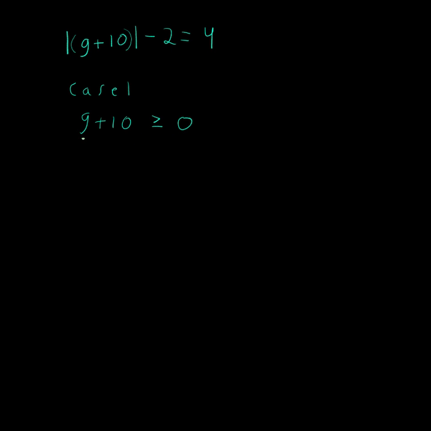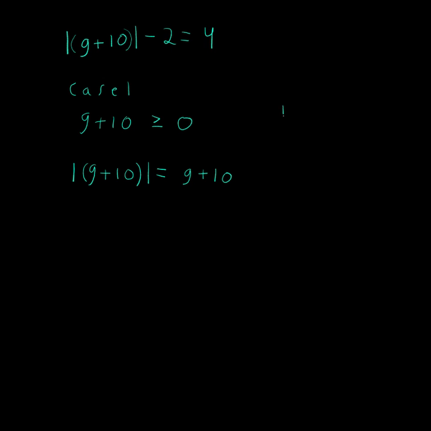So we're working through when g plus 10 is greater than or equal to 0. And so what that means is if g plus 10 is greater than or equal to 0, the absolute value of g plus 10, what would that be equal to? Well, it will just be g plus 10.